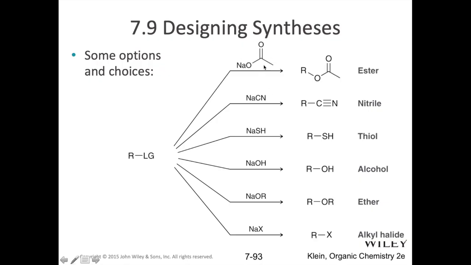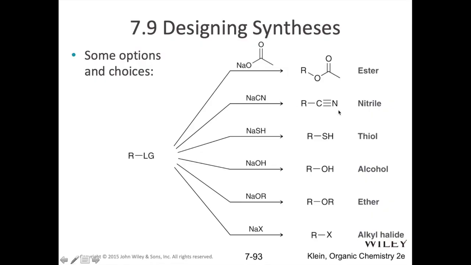That, by the way, will encourage SN2 mechanisms, because if your sodium ion has a positive charge, the nucleophile we're adding here will all be negatively charged. So they're strong nucleophiles. Those nucleophiles add functional groups. So here, if we use sodium acetate, or sodium ethanoate to use the IUPAC name, we're turning this into an ester. We're adding this alkyl group from our substrate to that oxygen, turning this into the corresponding ester.